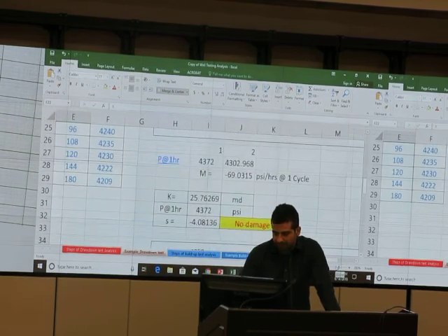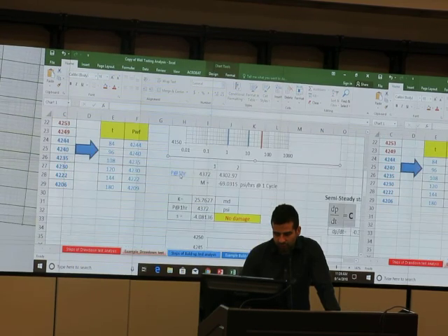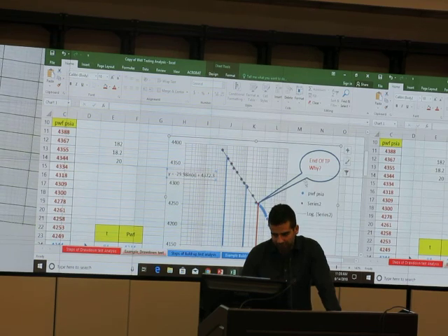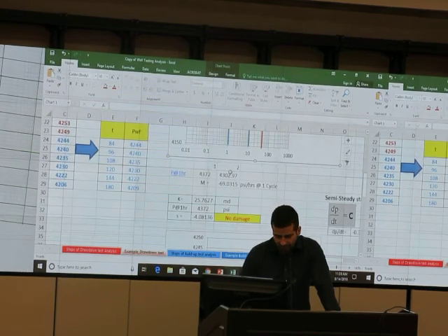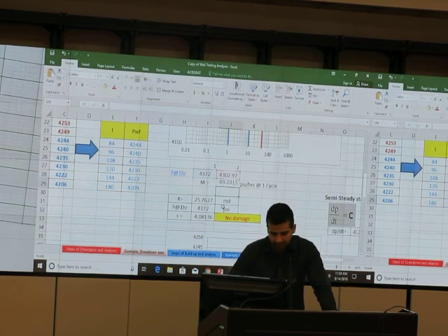This equation was converted to logarithmic format, and if you multiply this by 2.303, you get this slope. Now you have the slope.